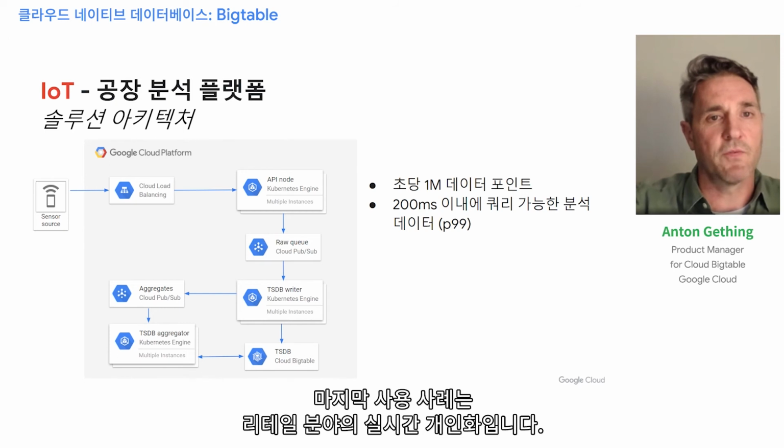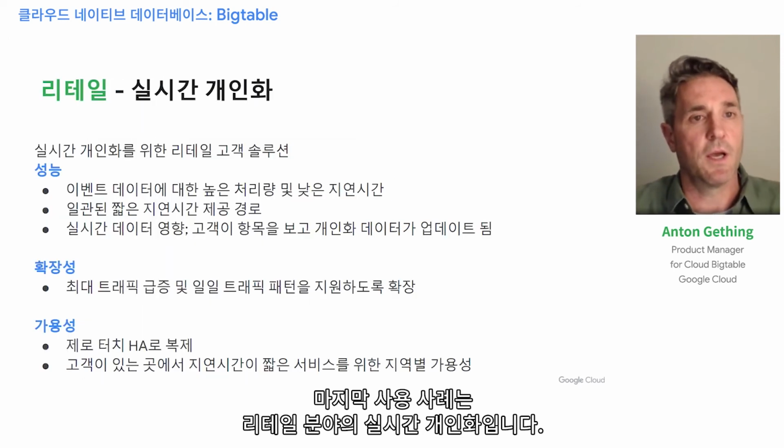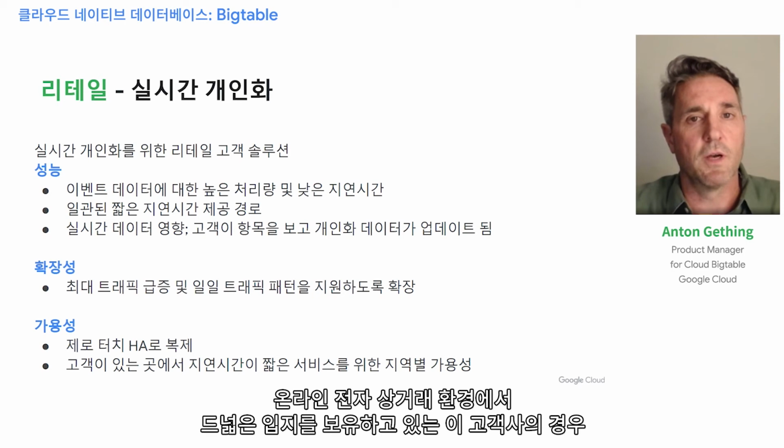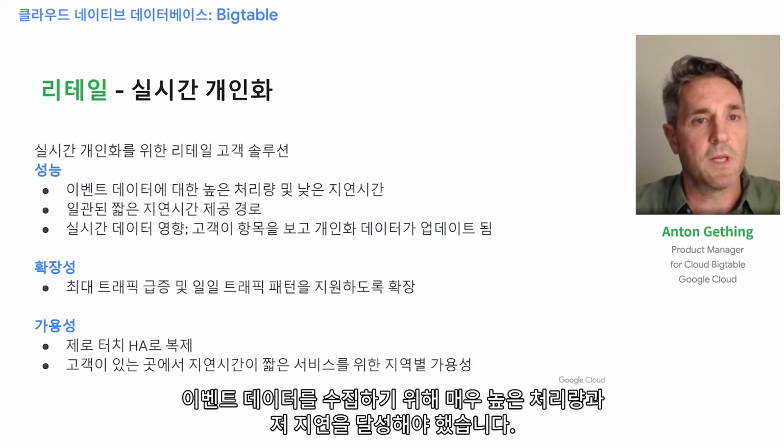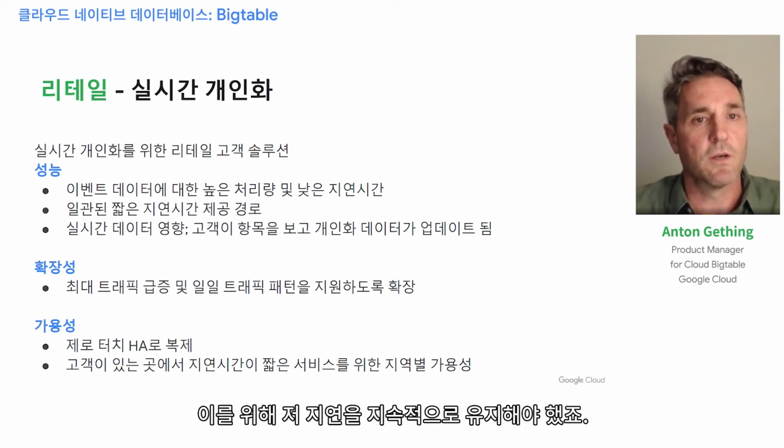And finally, as for use cases, we're looking at a retail real-time personalization example. So for this customer with a very large online e-commerce presence, it was incredibly important that this customer had very high throughput, low latency for ingestion for event data, and then a consistent low latency for the serving path.